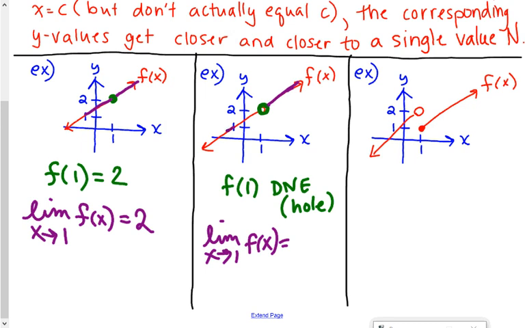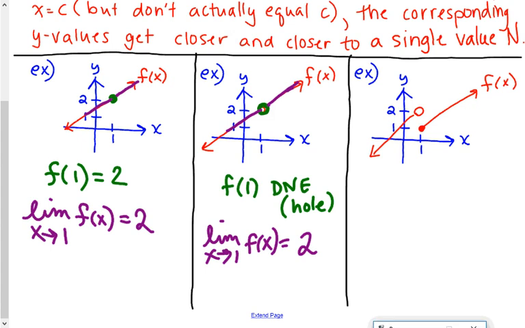On the left side, as I get closer and closer to x equals 1, my y values get closer and closer to 2. So the limit as x approaches 1 is equal to 2. So in this one, the limit exists even though the function doesn't. If I were driving along the road of the function, my y values would get closer and closer to 2, even though they never actually equal it.